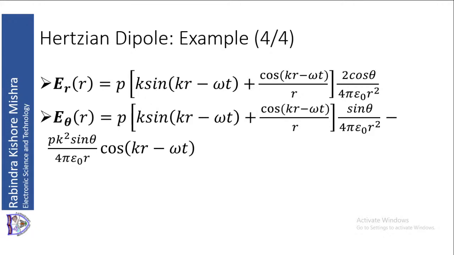It has sin theta by 4 pi epsilon 0 R square, which means the first term is dropping faster than 1 by R. So the first term is not contributing to the radiation; it is contributing to the near field. The second term, P K square sin theta by 4 pi epsilon 0 R cosine of (KR minus omega t), is contributing to the radiation.